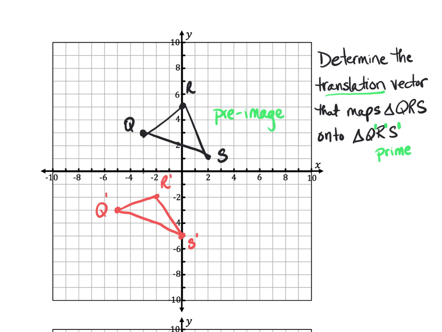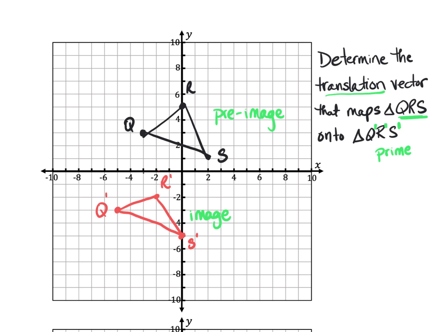So in this case, QRS is considered the pre-image, and then we're going to do a translation that gives us Q prime, R prime, S prime, and that is considered our image. So the figure you get after the transformation, in this case a translation, is called an image.